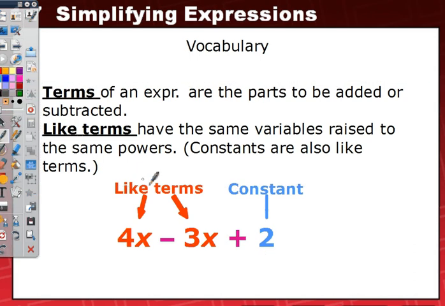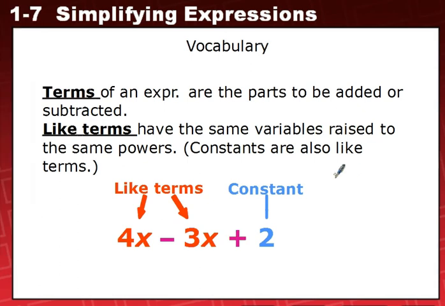So like terms have to be exactly the same. So we have 4x and 3x here on this page. Those are like terms. All the plain numbers, the constants, those are like terms also, but not 3x and 4x squared. Could not combine those.